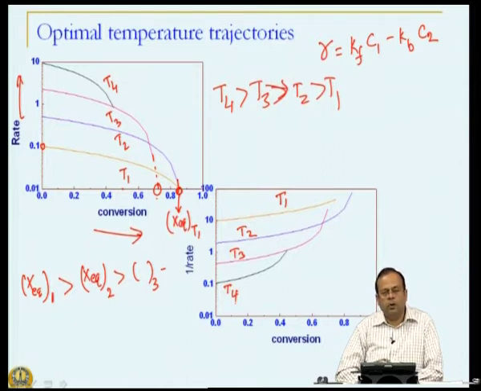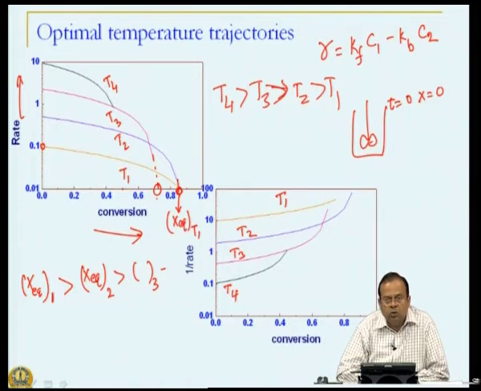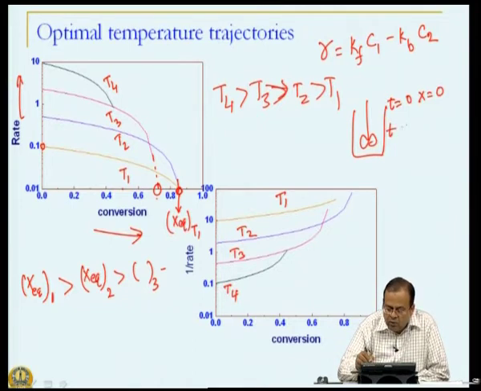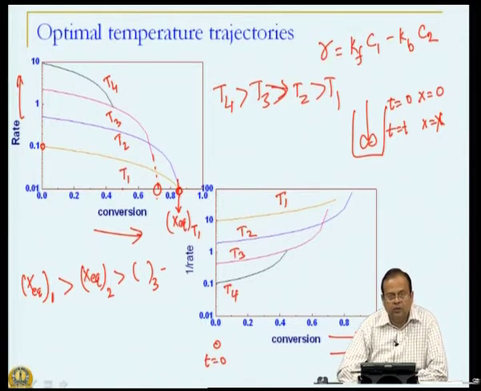So, now imagine this is my batch process, a stirred tank reactor batch process. At time t equal to 0, conversion is 0, and at some time t, conversion is x. So, I start at conversion 0, and then I am increasing the conversion. This is equivalent to time being 0 and time increasing.